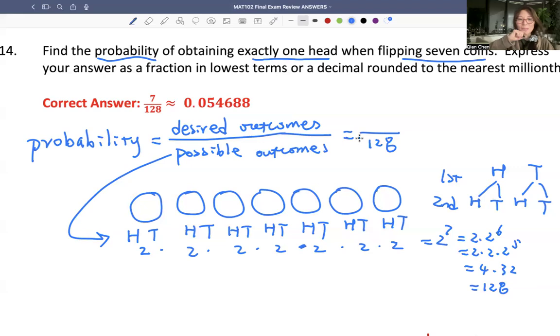Now, desired outcomes, right? So we're looking for exactly one head. So when we flip all 7 coins, we could have the first one only be head, and then the rest are tail, tail, tail.